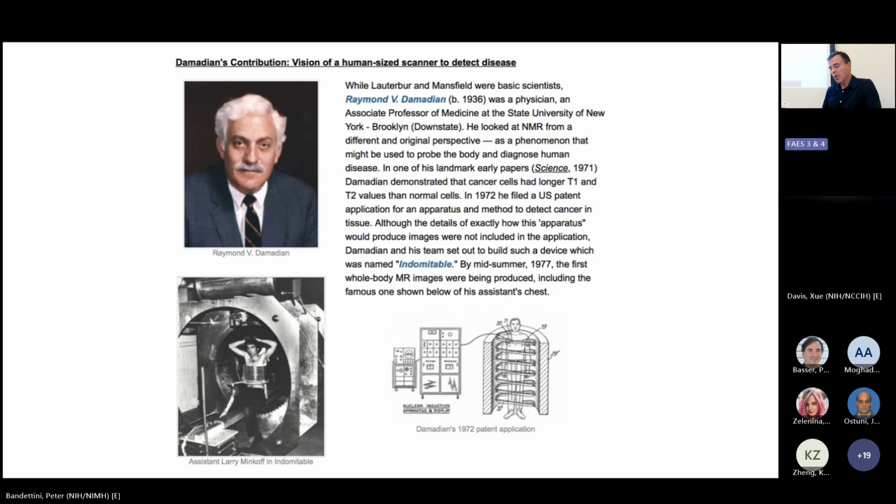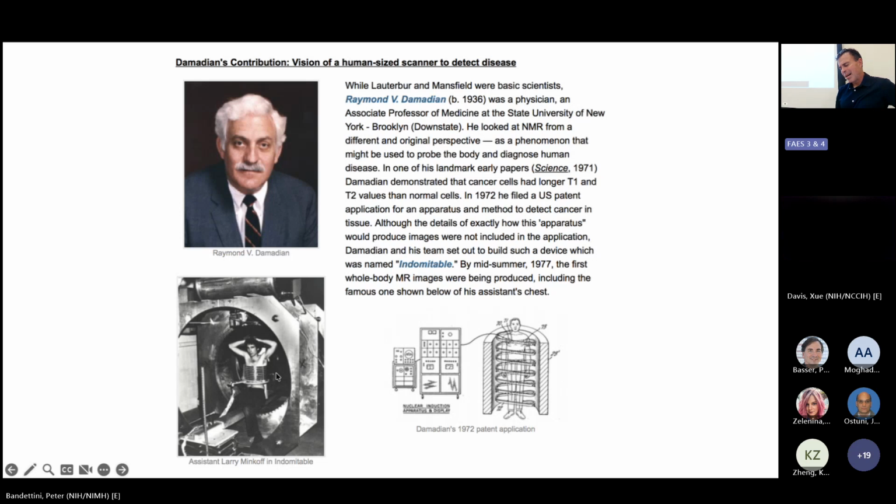He had what was called point process MRI, where he collected a data point, moved the subject, collected another data point, moved the subject, and so on. He laboriously made his images that way, so it's much less efficient.